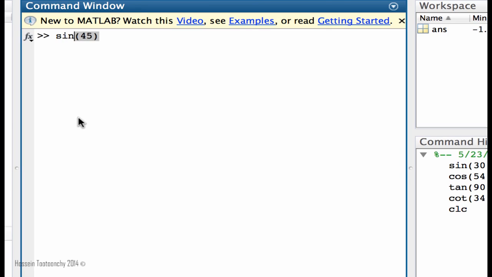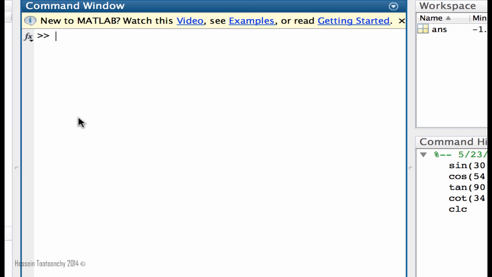So this is not sine of 45 degrees, it is sine of 45 radians. If you want to change that to sine of 45 degrees, you need to convert the degrees to radians. Because remember that Matlab, when it comes to trigonometric functions, always requires that the parameters inside the parentheses be measured in radians.